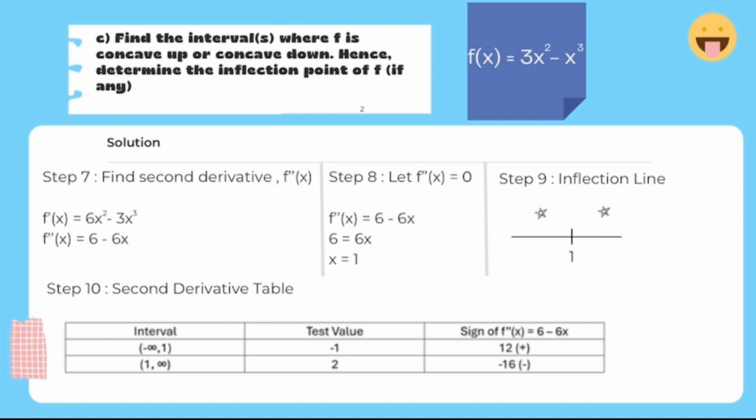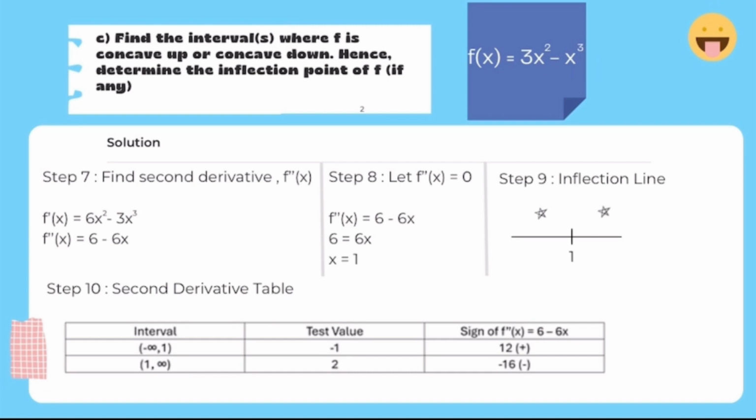Step 10, we will do the second derivative table, just like the first derivative table. We will do the same thing. The interval from 1 to the left side of it, which could be negative infinity, we will test it with the number negative 1.